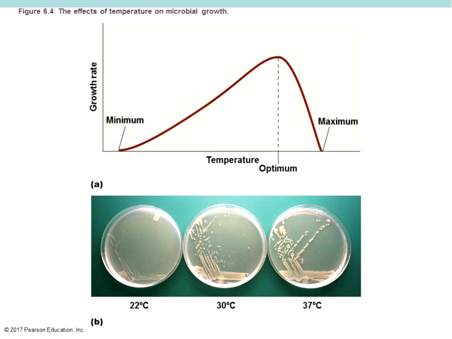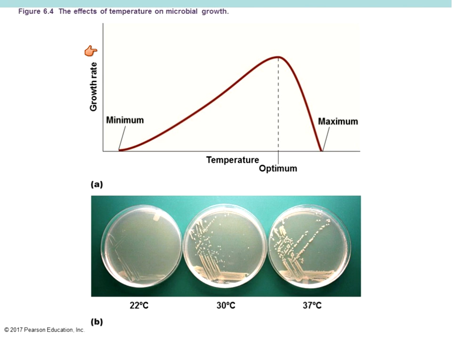So here we're looking at a chart that's showing the effect of temperature on microbial growth. Where we see the highest point, the highest zenith, and we look at the y-axis, we recognize we're going from 0 to maybe, I don't know, 10 cells per hour or whatever it is.